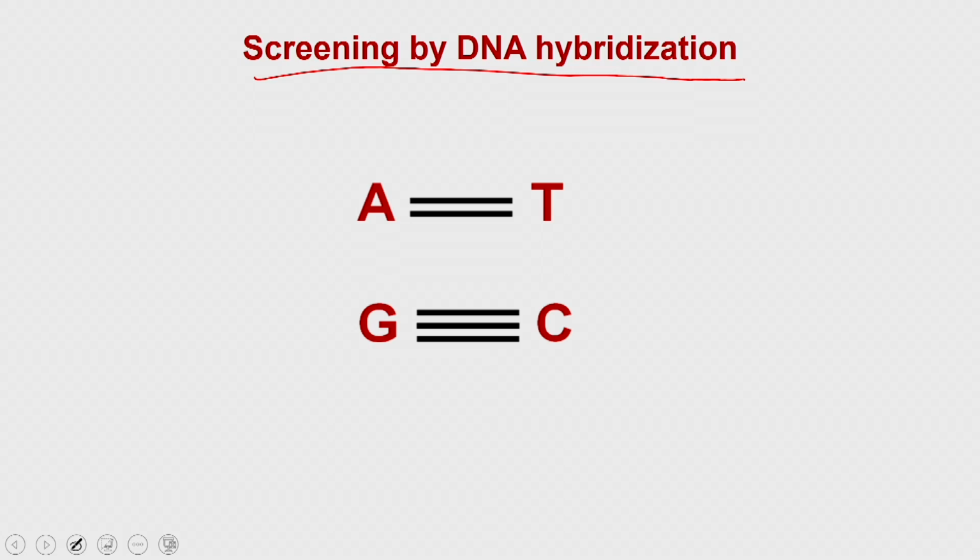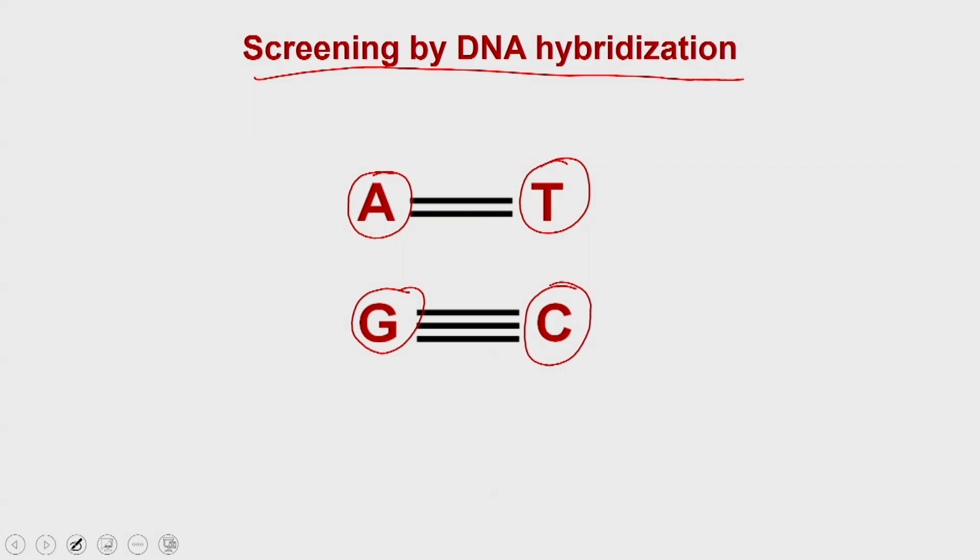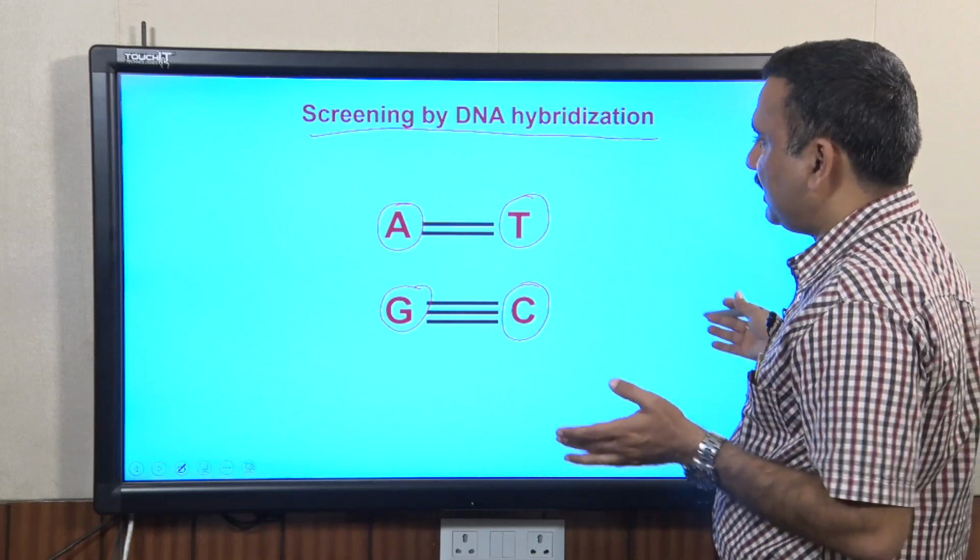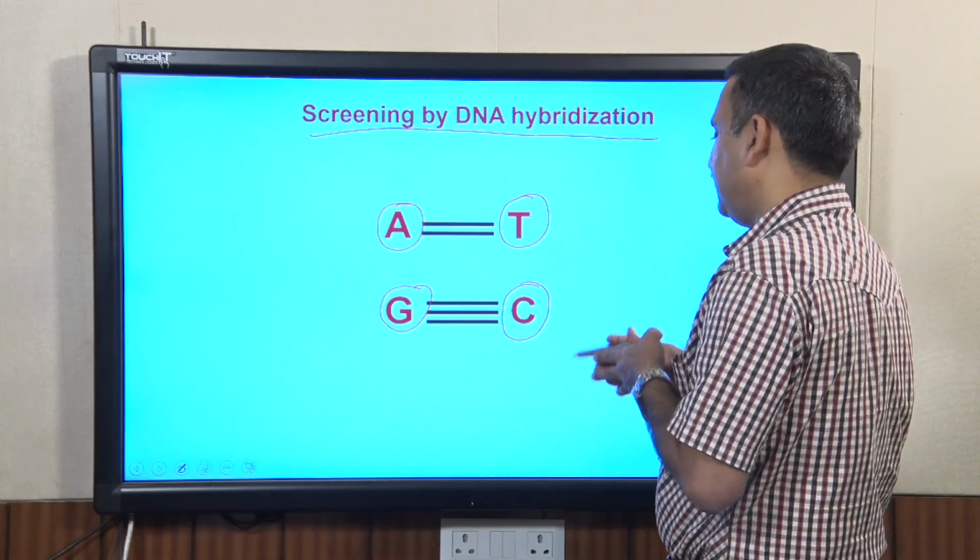For example, adenine always pairs with thymine, and guanine always pairs with cytosine. Adenine pairs with thymine with two hydrogen bonds, whereas guanine bonds with cytosine with three hydrogen bonds, and this is very specific because of several reasons which we are not going to discuss here.